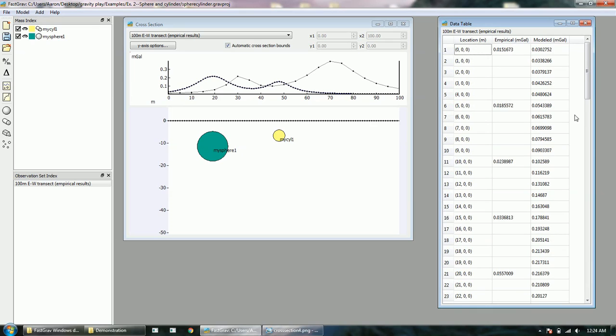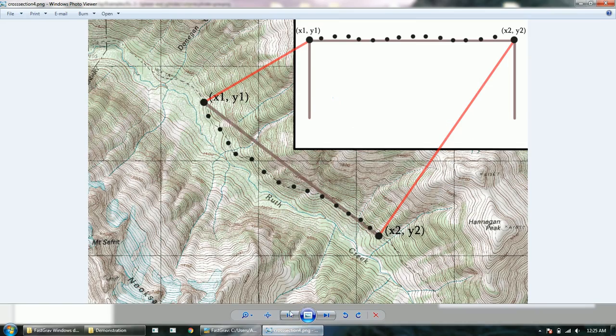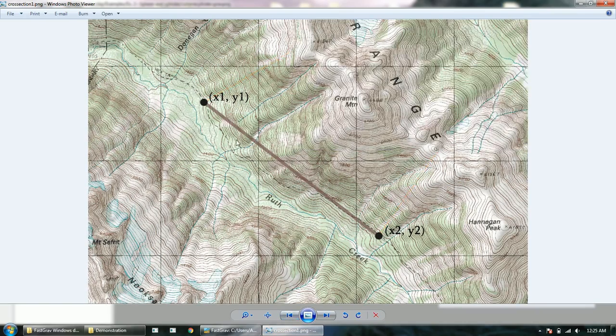And we can see that up here in the upper right-hand corner of the cross-section tool, where the endpoints of the cross-section are defined. x1 and y1 define the first point, and x2, y2 define the second point. So those are these coordinates right here, x1, y1, x2, y2. So these are the points that FastGrav will draw a straight line between when it is constructing this cross-section.